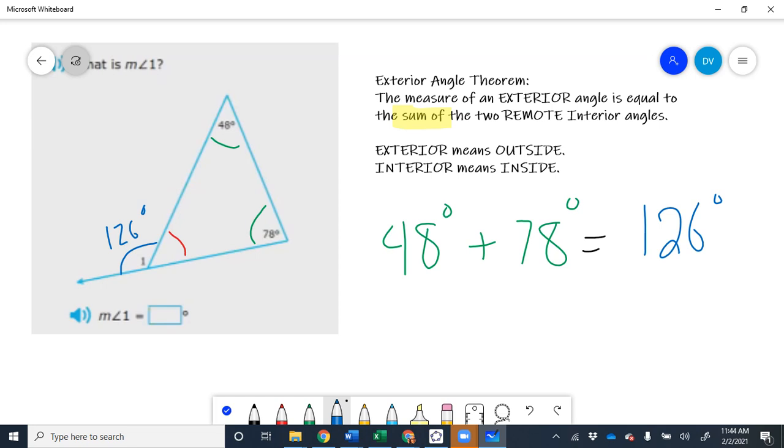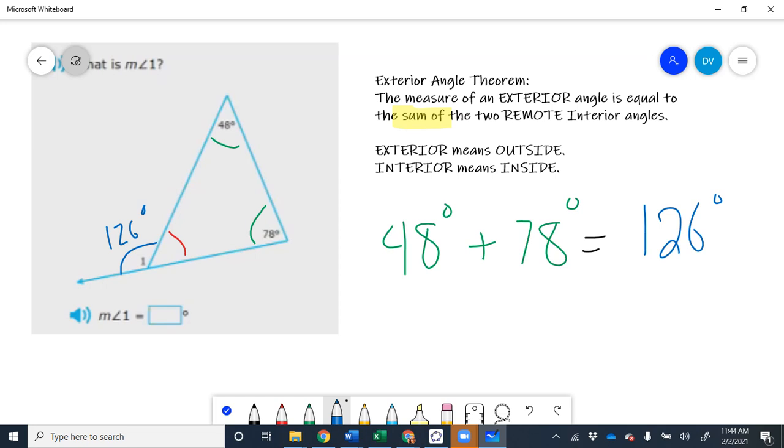Yeah, I wrote it down up there so you can remember it. And interior means inside. Doesn't it kind of make sense that that blue angle is outside of the triangle? Yep. And the green angles are inside. The technical word is interior and exterior. So to get the exterior angle, we have to add up the two interior angles that are remote, that are furthest away.